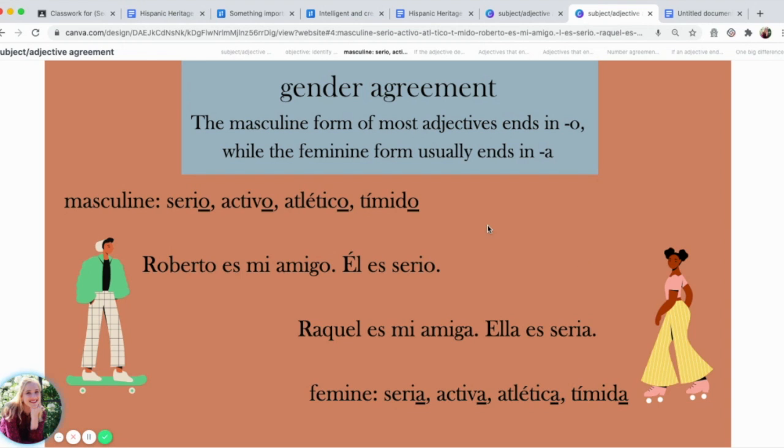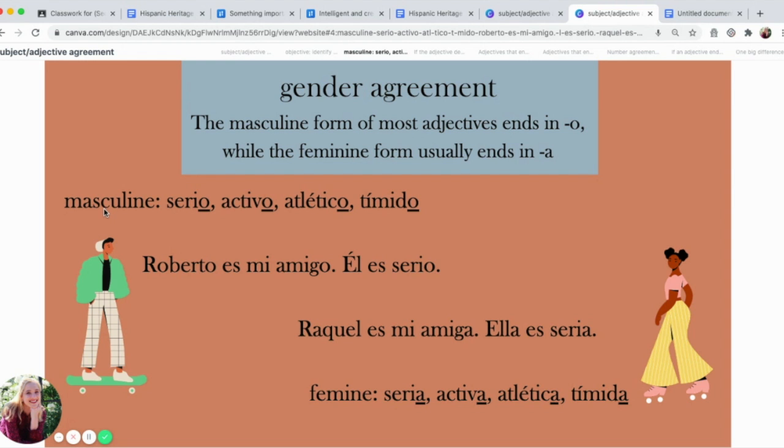So for example, if I'm describing Roberto, he is masculine, he is a male. So first of all, I would say Roberto es mi amigo, okay? Whereas if I'm describing someone feminine, such as Raquel, I would say Raquel es mi amiga. But if we're describing them using adjectives, we also need to make sure that we are using the correct form of the adjective.